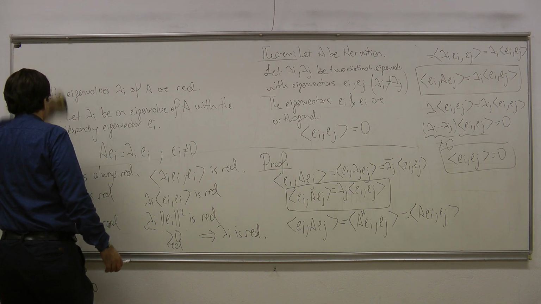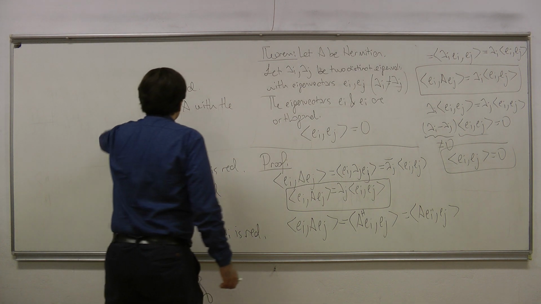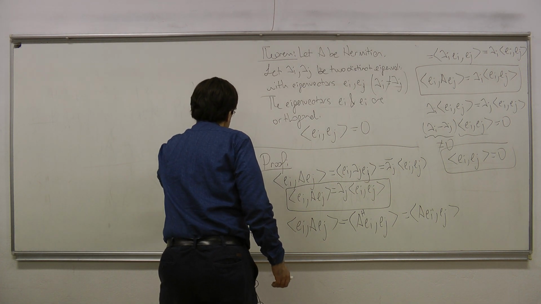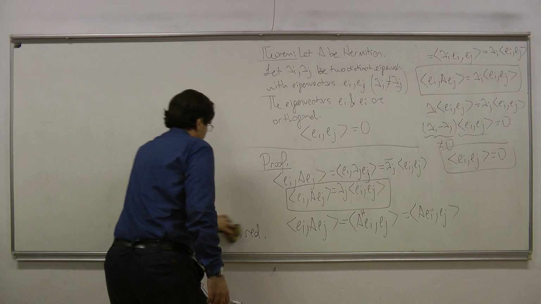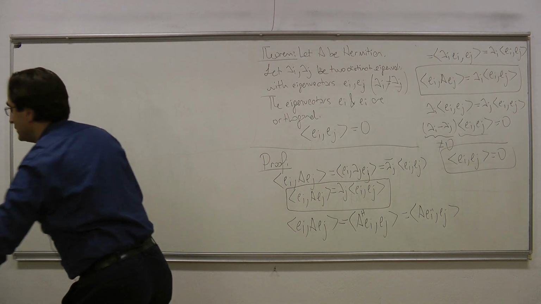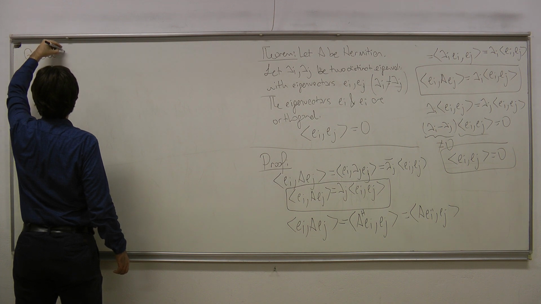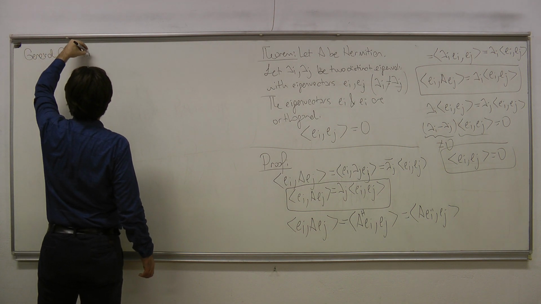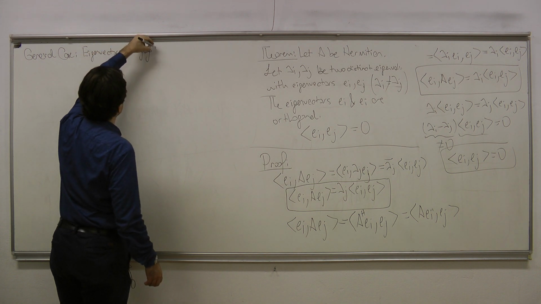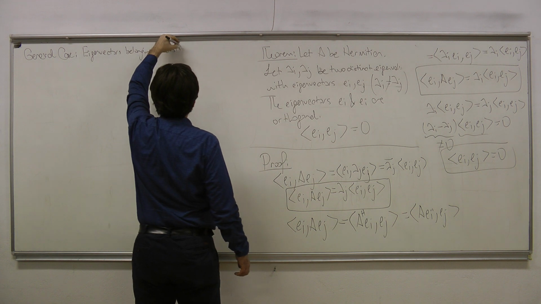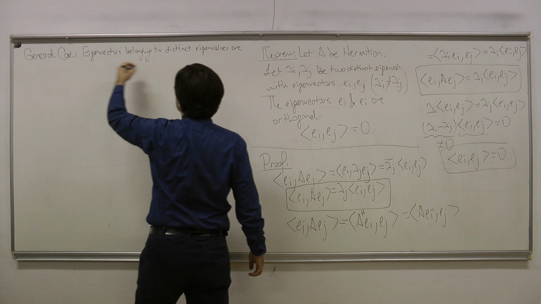So let me write this as a fact. The general case: eigenvectors belonging to distinct eigenvalues are linearly independent.